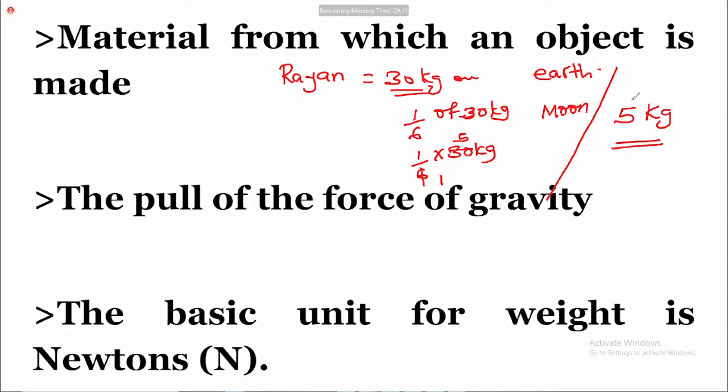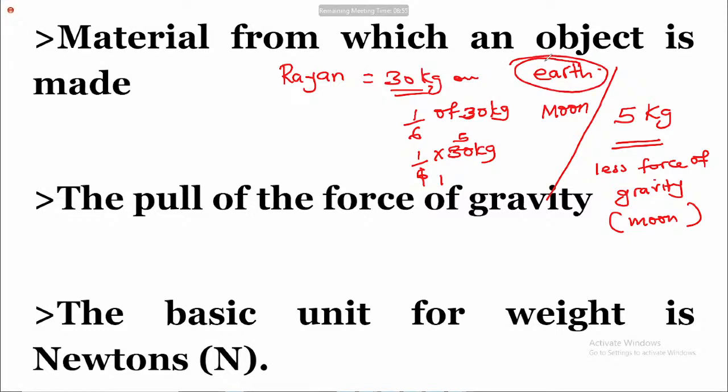Why? The moon has less force of gravity. That's why Ryan will be lighter. But on Earth, there is more force of gravity, that's why Ryan will be 30 kilograms on Earth.